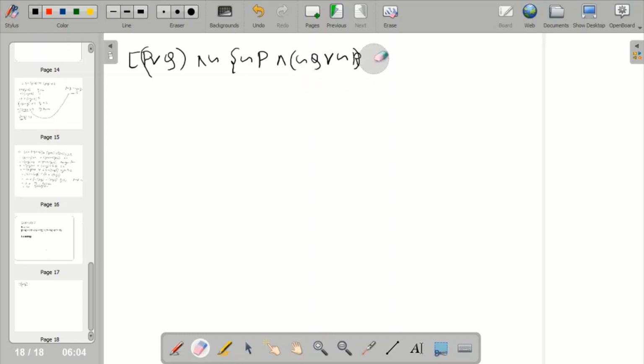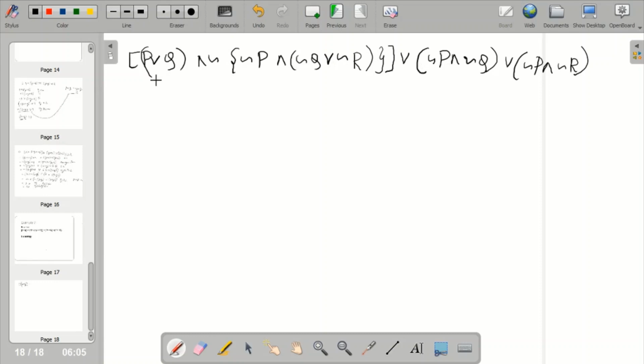Negation of R. Close this particular bracket and then open the flower bracket and again P or negation of P and negation of Q or negation of P and negation of R. This entire expression, we need to prove that this is a tautology.